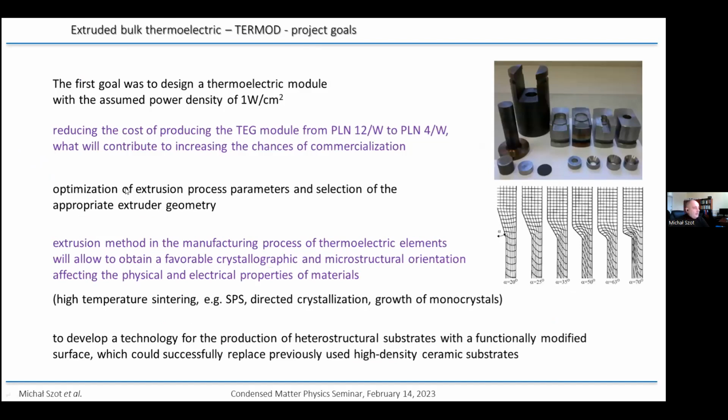The main task of the project was, first of all, the designing of the thermoelectric module with power density of about 1 watt per square centimeter and reducing the cost of a single module.